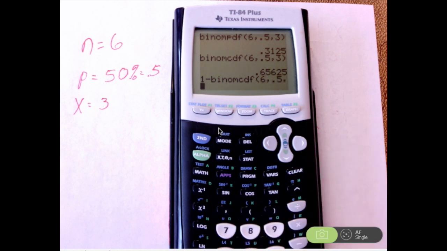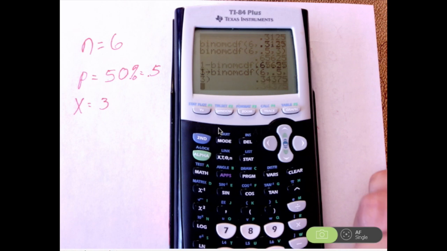And since I said we want to find the probability of getting more than 3, that means we would count our success as having 4 heads, 5 heads, or 6 heads. I'm still going to put 3 because that's the last number that I don't want. Press enter, and this gives us the probability of getting more than 3 heads out of 6 flips. So this is how you find single point and cumulative binomial probability.